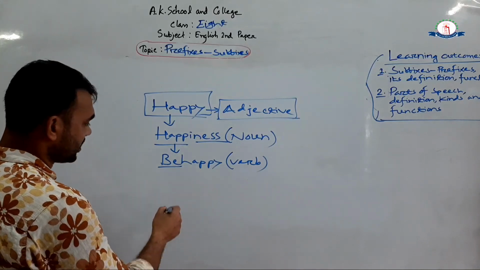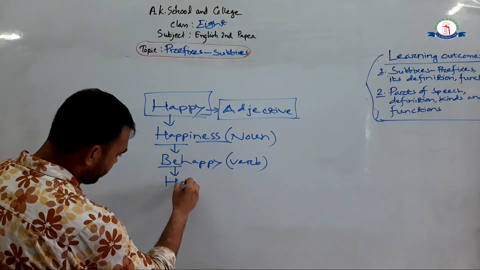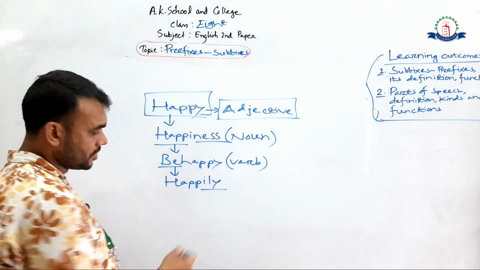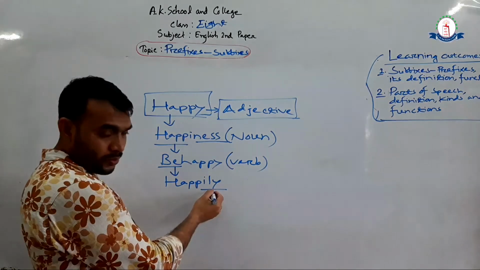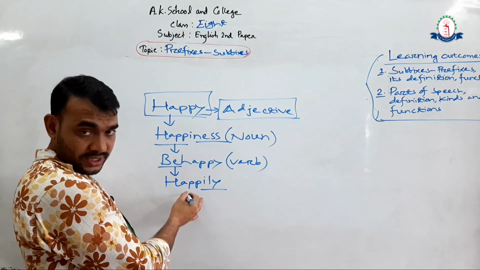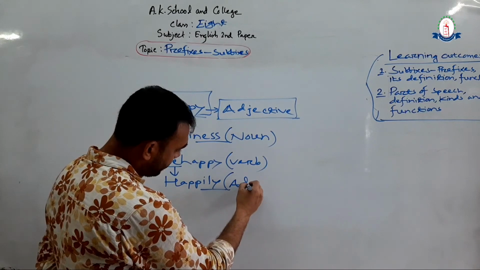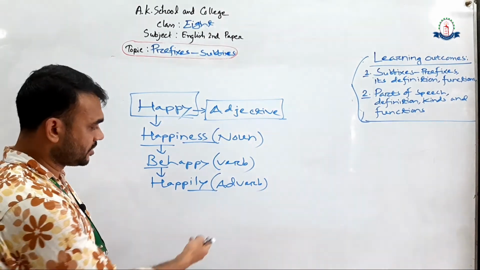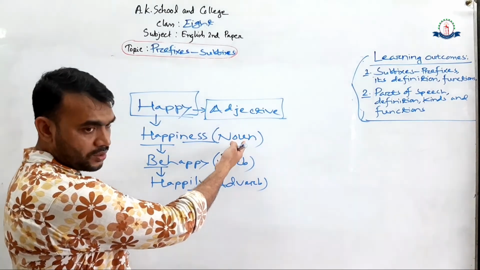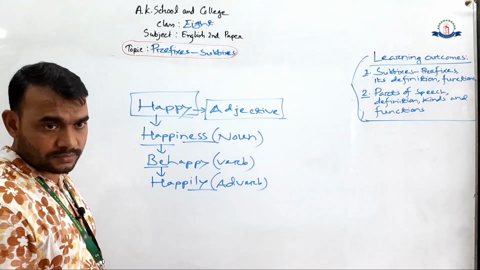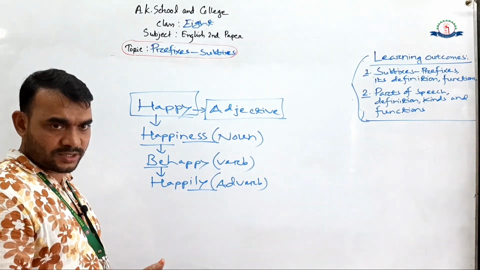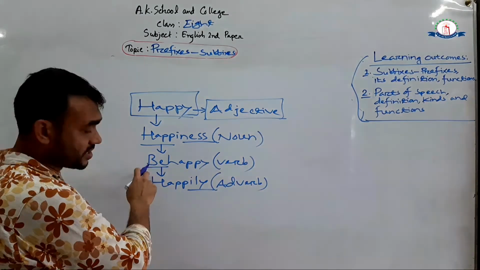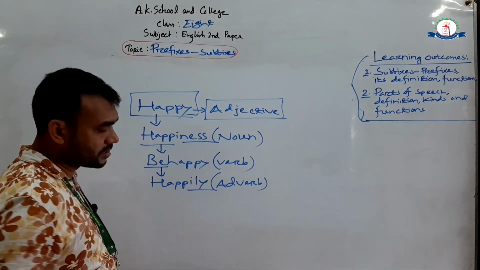So we need an adverb. So here is the word happily. You see that ly is at the end of the word happily. So this is an adverb. In terms of parts of speech, it is adverb, it is verb, it is noun and it is adjective. But whenever you find prefixes and suffixes, here it is suffix, this is prefix and this is suffix.